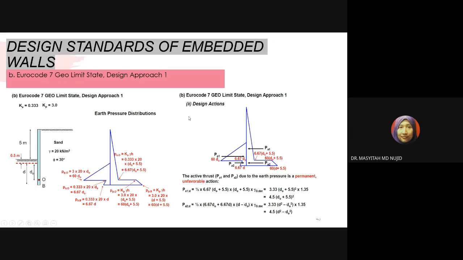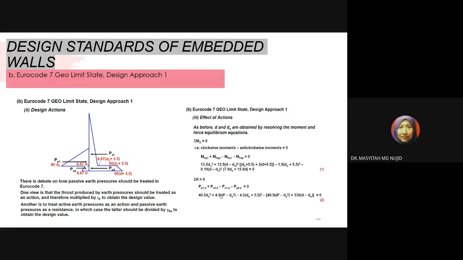You can see that this pressure distribution is similar to the previous one. The next consideration in Eurocode 7 is the design action. The design action here is similar to the active thrust. So the active thrust PA1, PA2 due to the earth pressure is permanent, so we consider it an unfavorable action. Also in the design actions, how to consider the passive earth pressure?